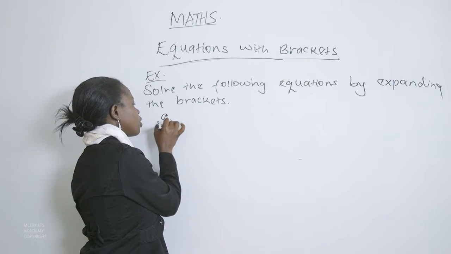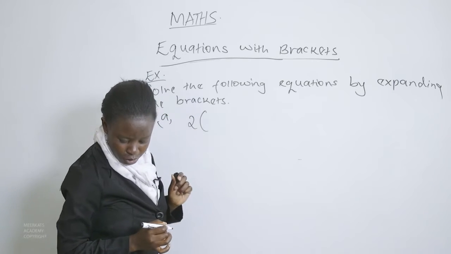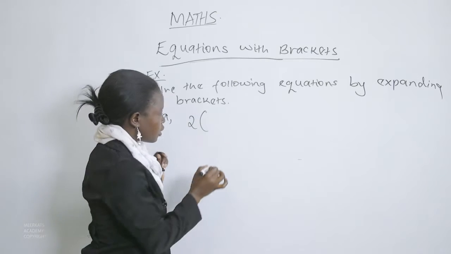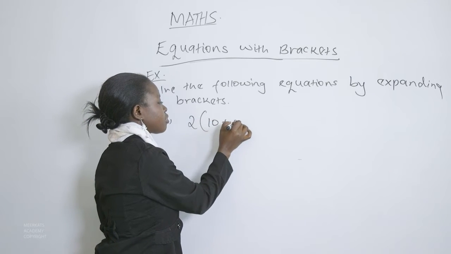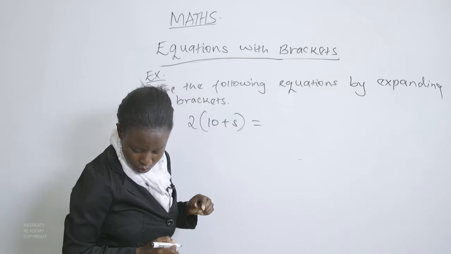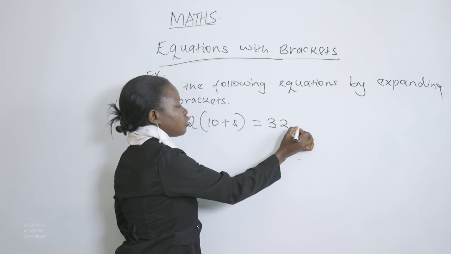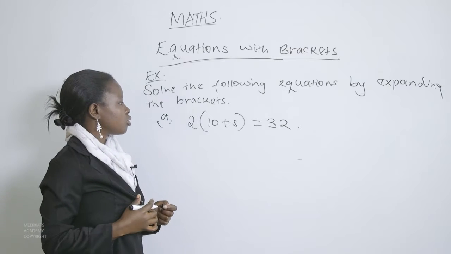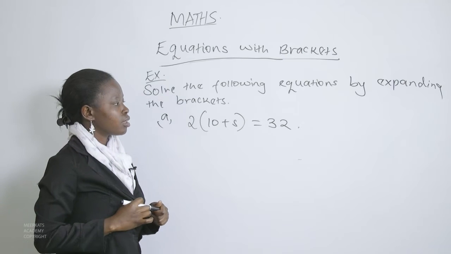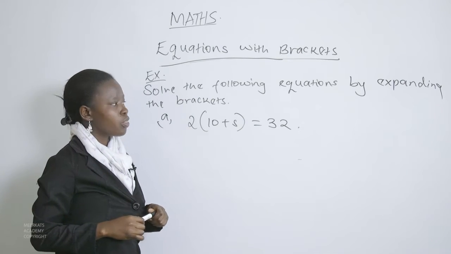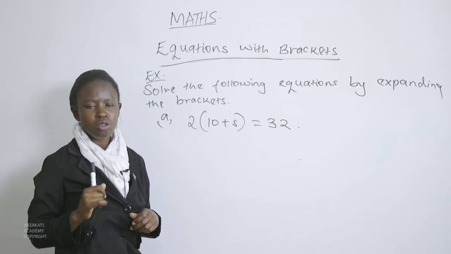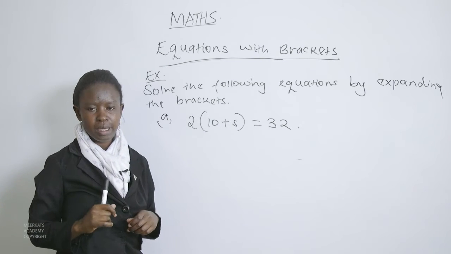The first equation we have is 2 into 10 plus s is equal to 32. So we have 2 into 10 plus s is equal to 32. The question requires us to expand the brackets.